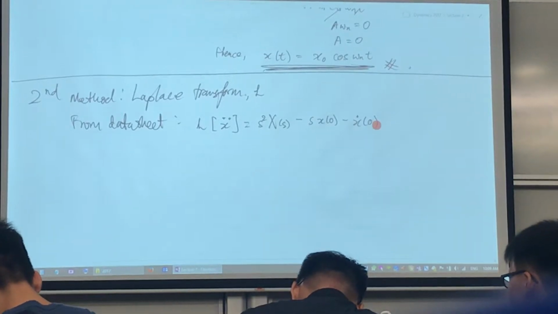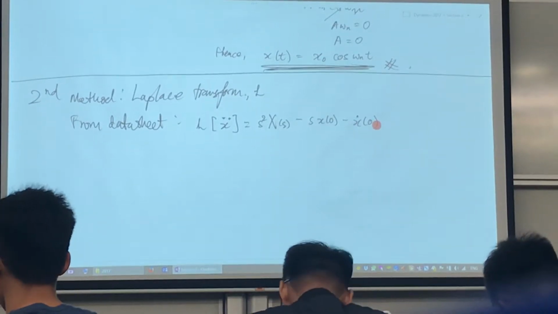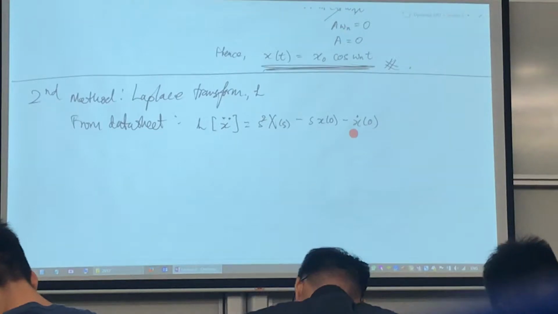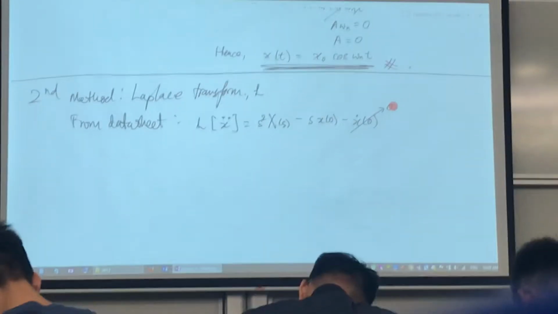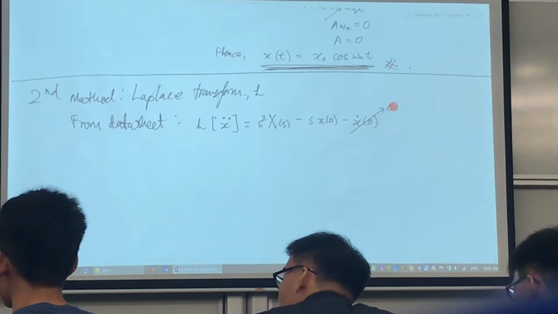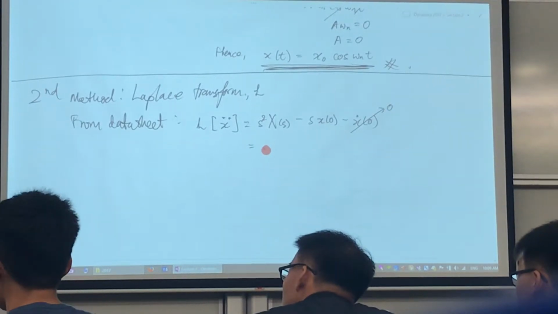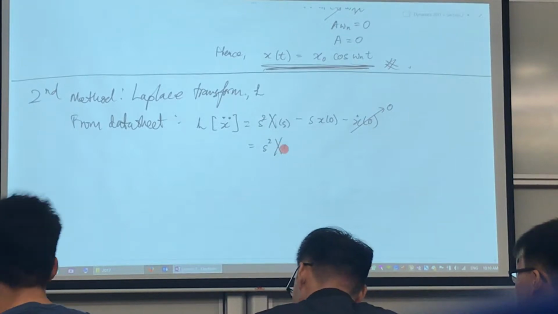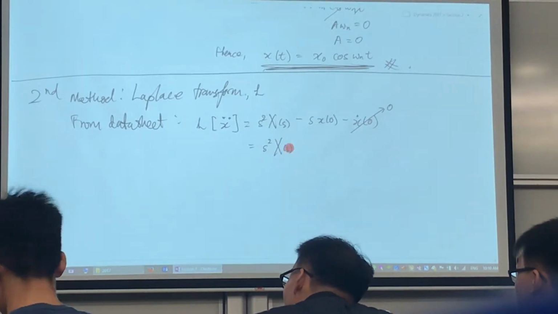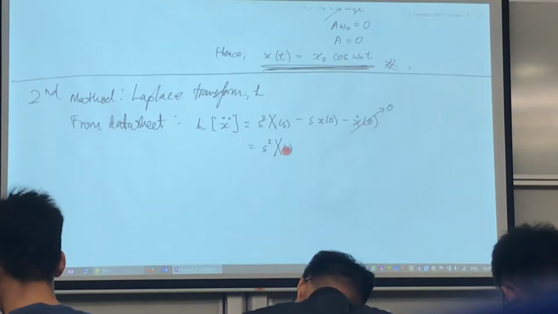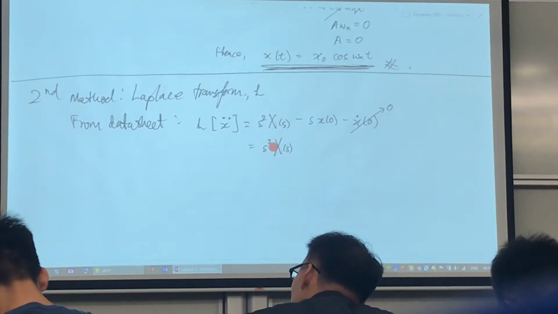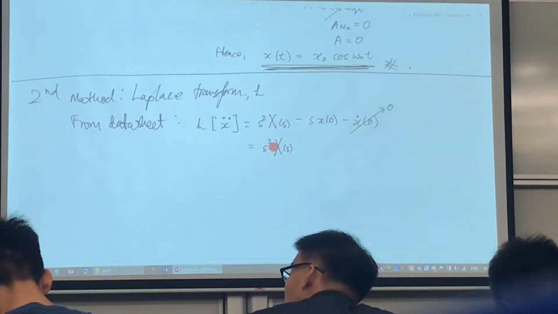Just directly copying from your data sheet. We know that the initial conditions say that this part here is equal to 0. That's our initial condition. So I'm going to simplify this as s squared X(s). This X(s) over here means that your capital X expression is in the s domain.